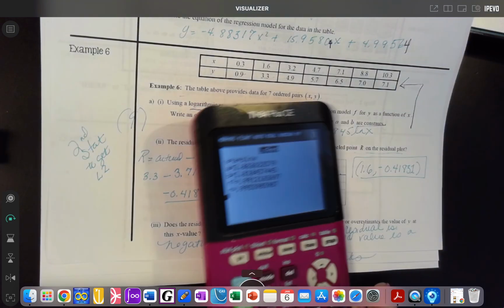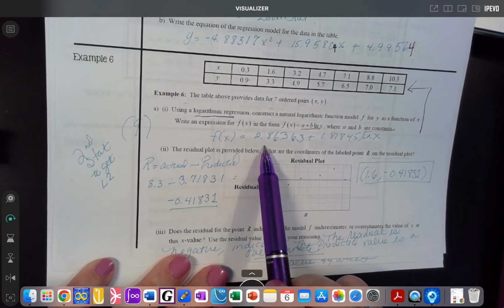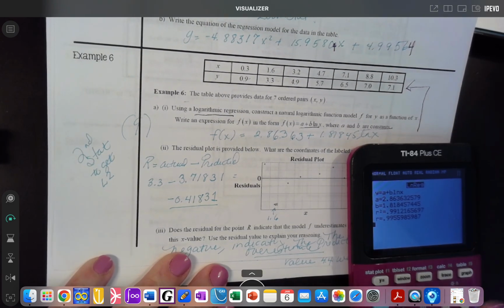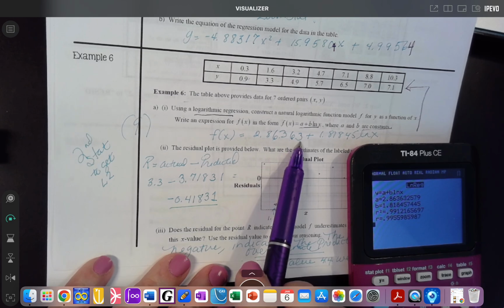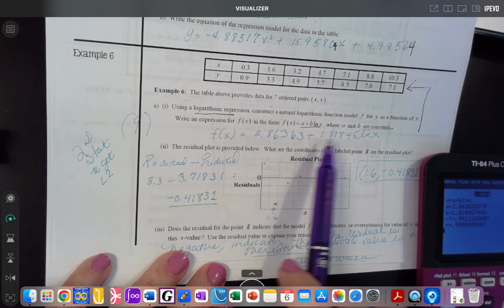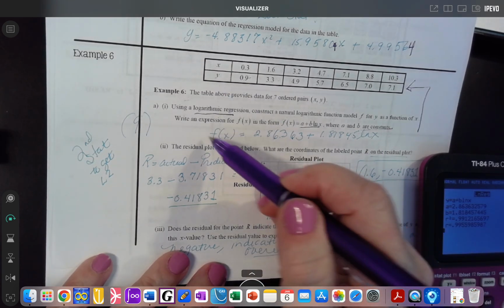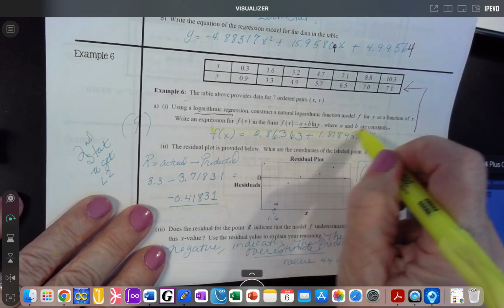So if we write that out over here, you get f of x equals 2.86363 plus 0.41845 ln x. So there's your equation that you should have gotten from your calculator.